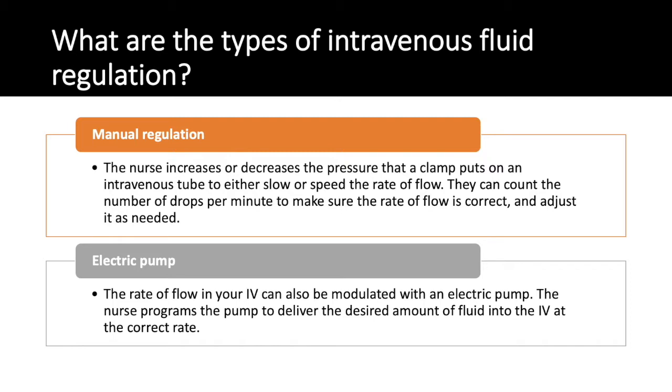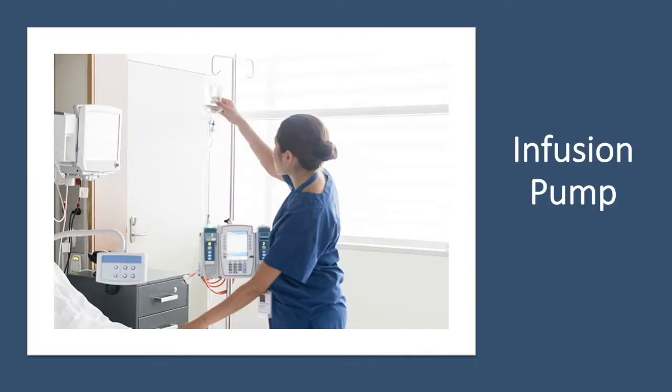They can count the number of drops per minute to make sure that the rate of flow is correct and adjust it as needed. And then we have the electric pump. The rate of flow in your IV can also be modulated with an electric pump. The nurse programs the pump to deliver the desired amount of fluid into the IV at the correct rate.